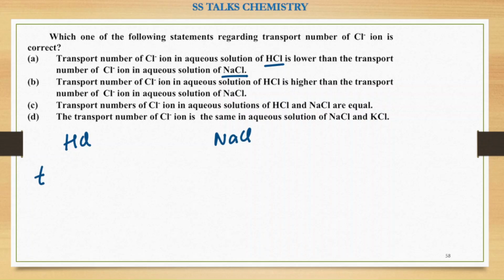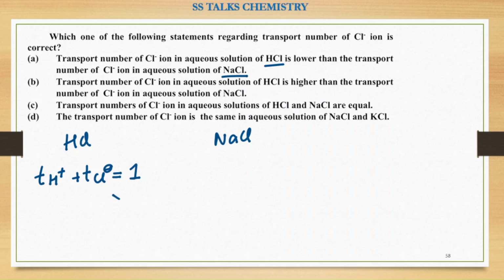The transport numbers here are going to be the transport number of H positive plus that of Cl negative. Their sum in the electrolyte is going to be equal to unity, because transport number is nothing but the fraction of the charge which is carried by your ions. So the sum of the fractions of the ions present in the electrolyte solution is going to be equal to unity, right?